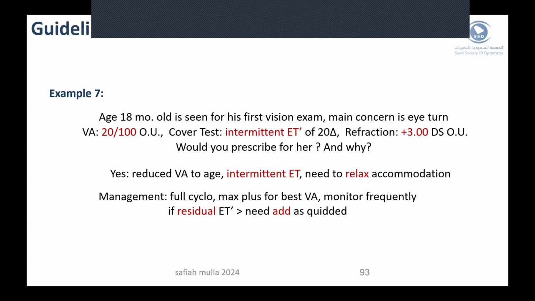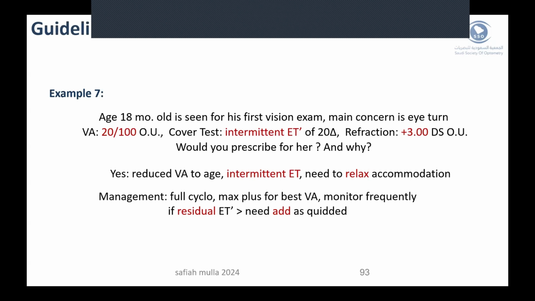So if we have a residual esotropia, then she may need an add as guided. So we check the refraction and give her the best visual acuity, I mean, maximum plus for best visual acuity, but we still have some intermittent or still have some eso at near. Then that's a residual esotropia, and we may think to give her an add to get out of that residual esotropia.